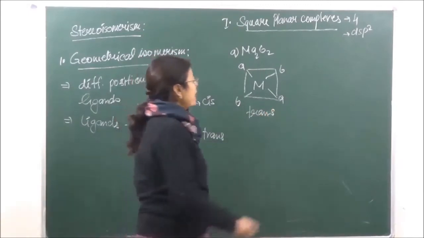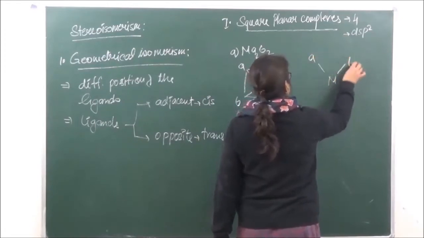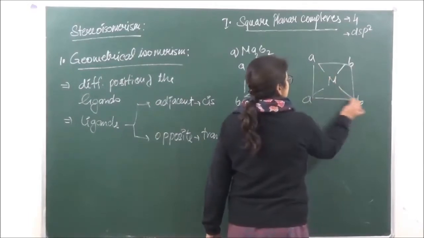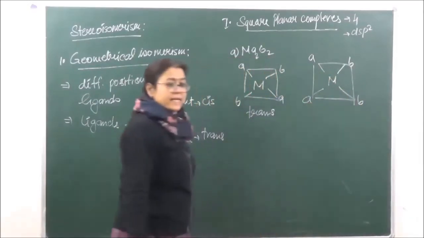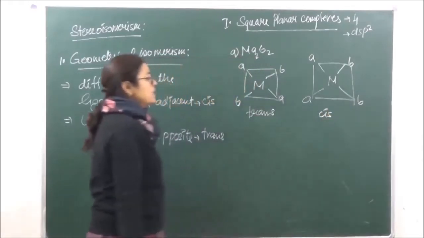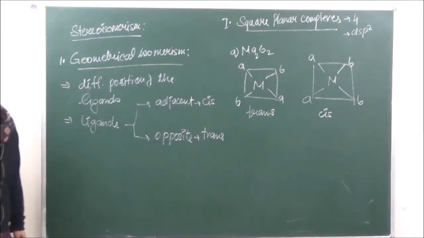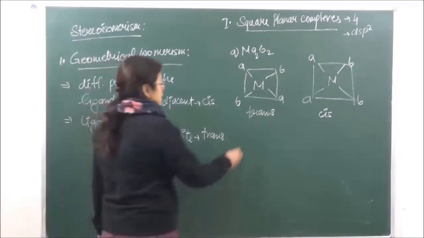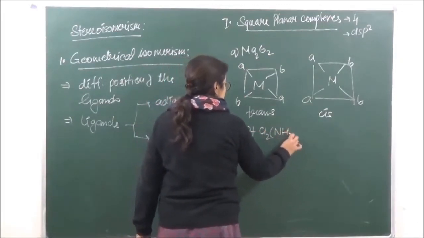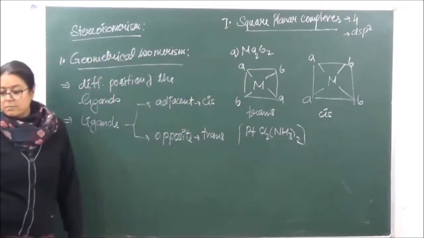Right? And if A is at adjacent positions, as you can see over here, this type of isomerism is known as cis isomerism. Right? We are taking an example of a square planar complex of platinum.